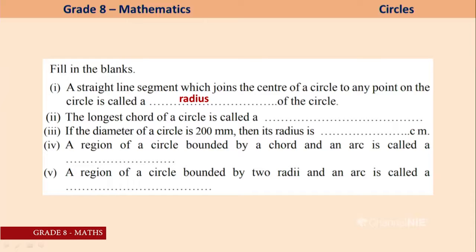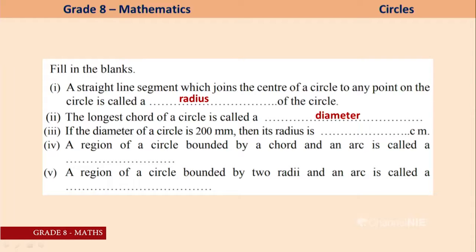Second one. The longest chord of the circle is called what is the longest chord? You learnt in that lesson. Yes, the answer should be diameter. The third question, if the diameter of the circle is 200 millimeters, then its radius is blank centimeters.